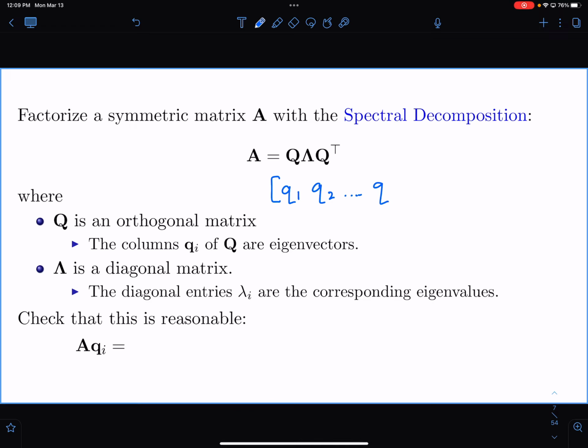Let's use n here. And then lambda is a diagonal matrix with lambda 1, lambda 2, and so on, and Q transpose is you're flipping everything around, so Q transpose right here.